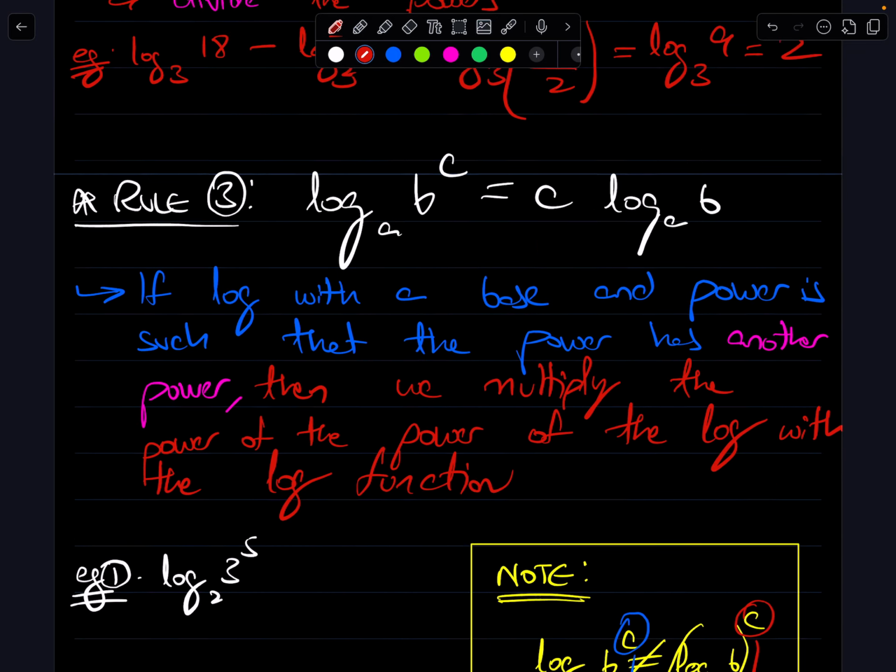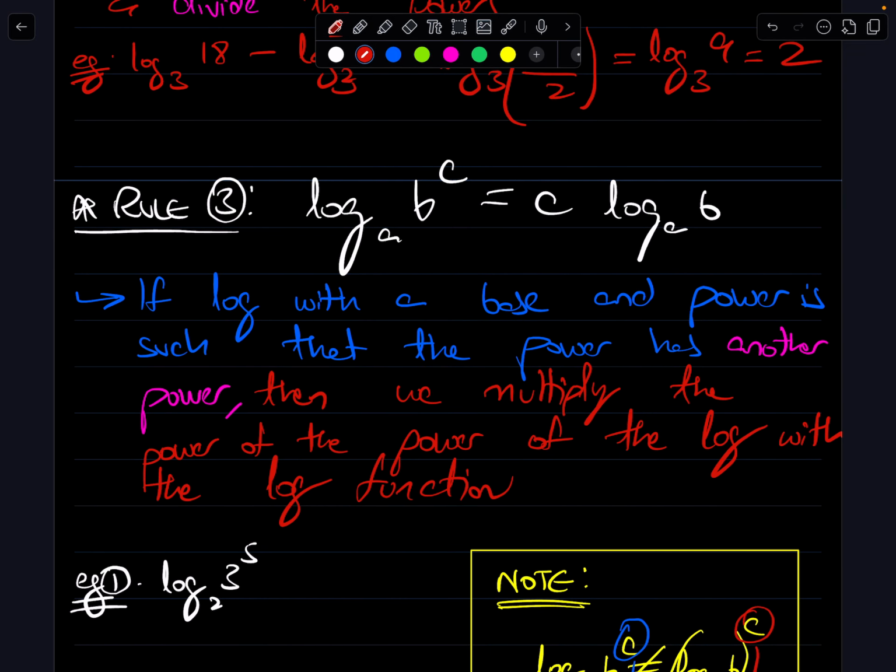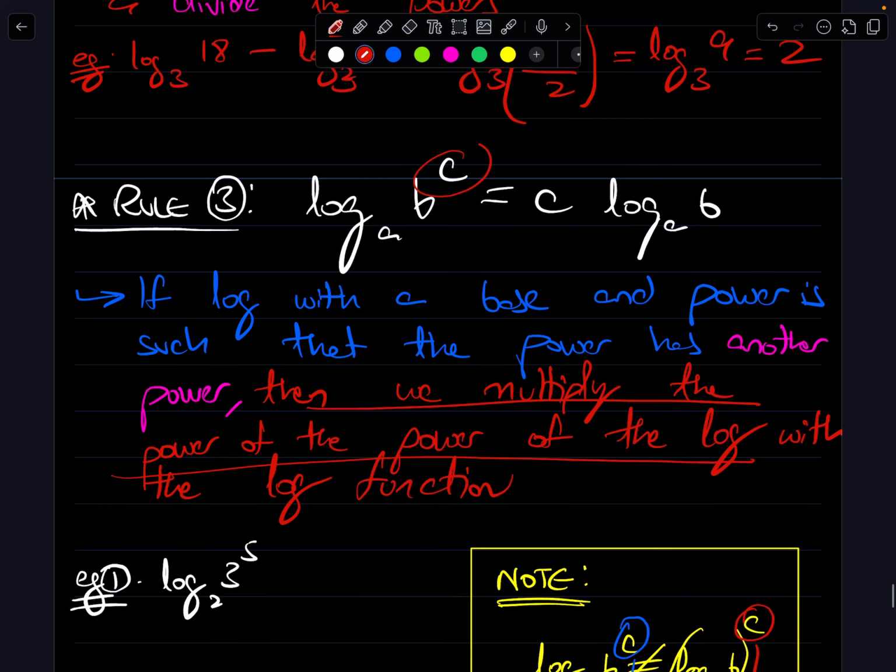And then we move on. Rule number 3. If a log with a base and a power is such that the power has another power, then we multiply the power of the log with the log function.